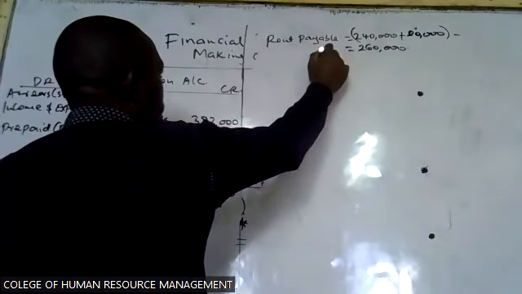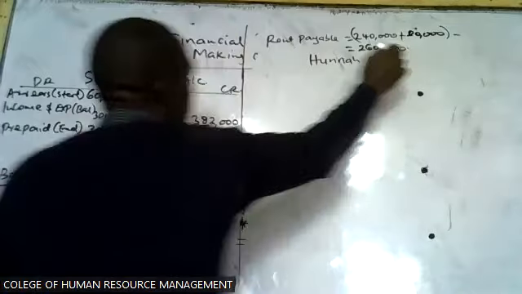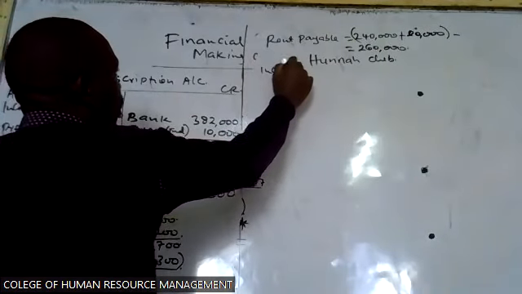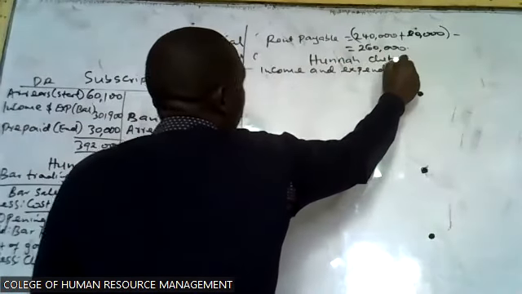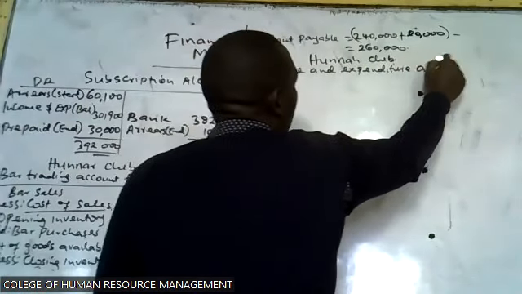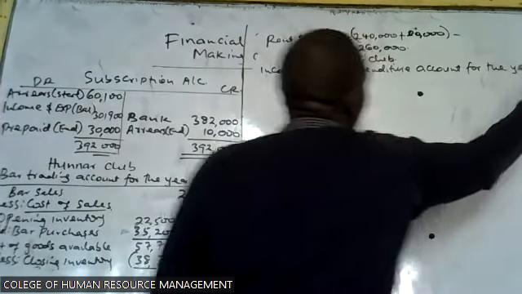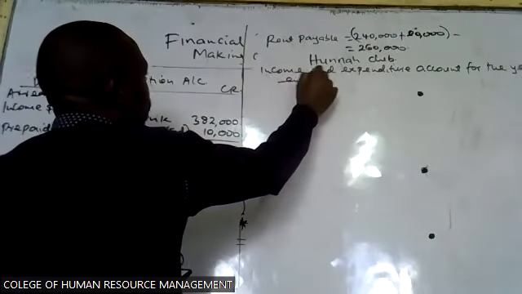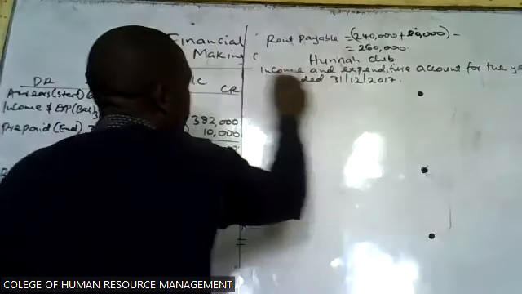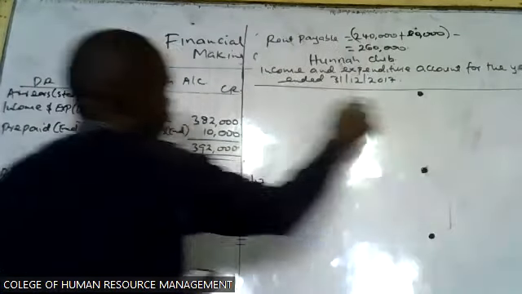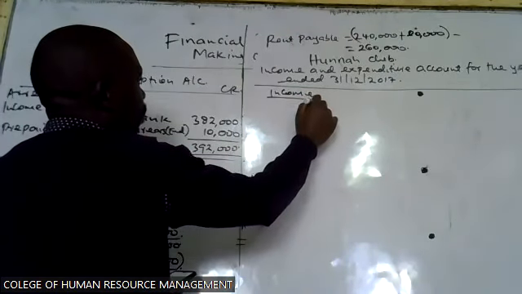Come here and prepare the club income and expenditure account for the year ended 31st December 2017. On the income part, we have the subscription.